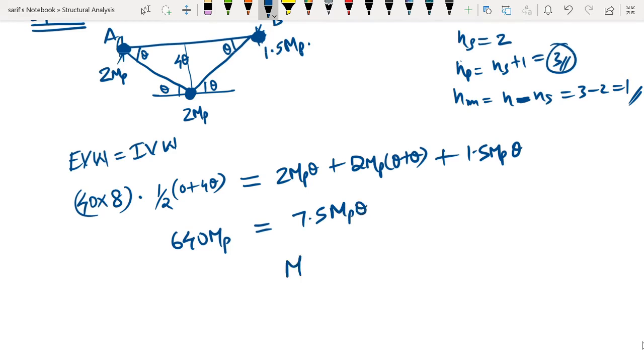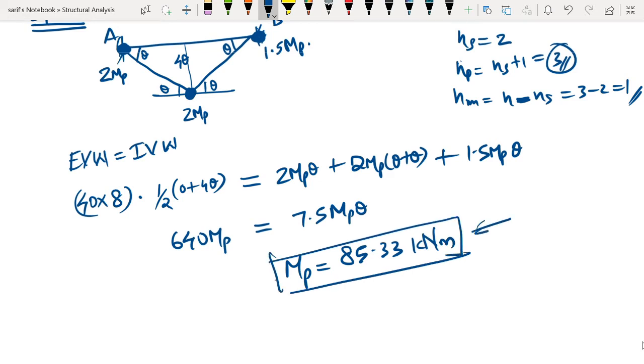So if we calculate, we will get MP as 85.33 kilonewton meter. So this is the value of MP considering the collapse mechanism for the span AB.